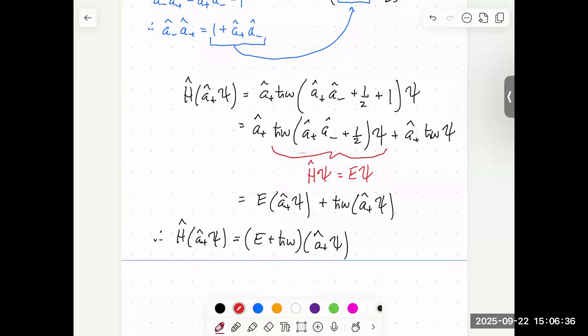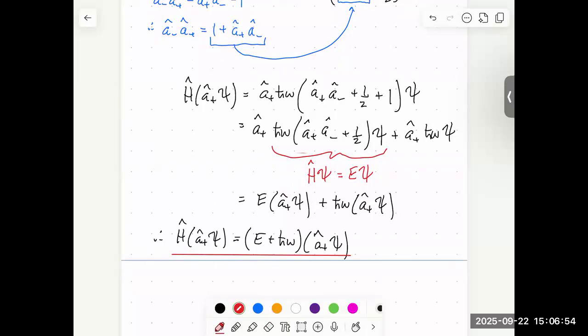And so let's just reflect on trying to interpret what it means. We assumed that we had some function psi, which was a solution to the time-independent Schrodinger equation.